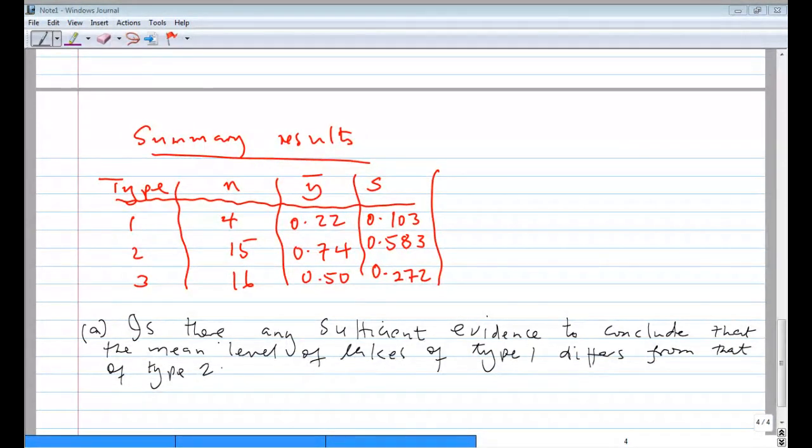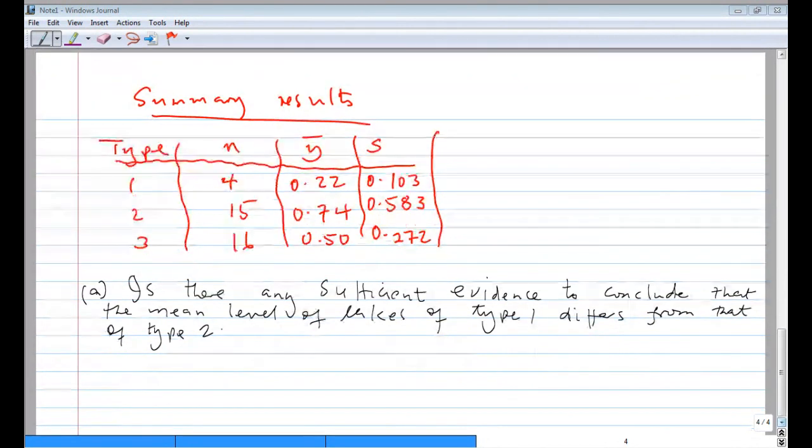That is the question. Is there any sufficient evidence to conclude that the mean level of leaks of type 1 differs from that one of type 2? So here we just want to compare the estimated mean.